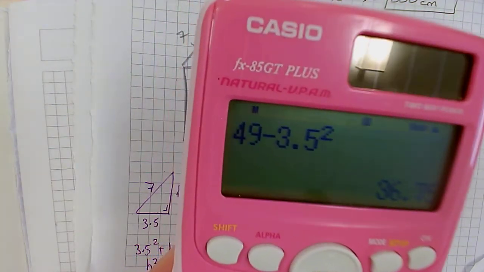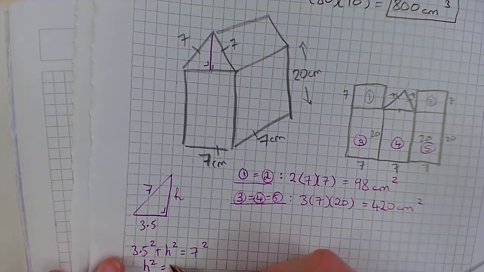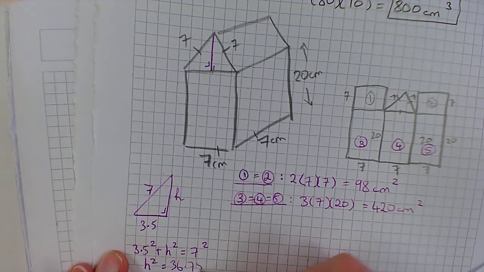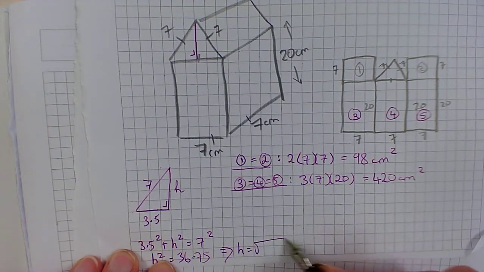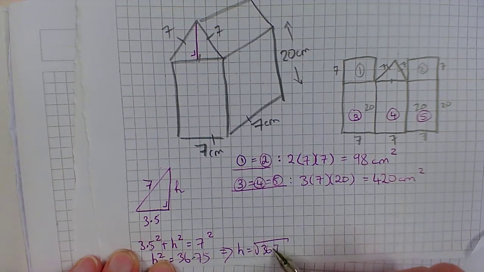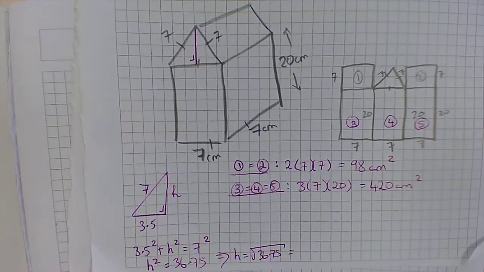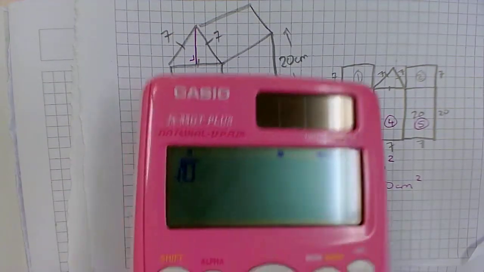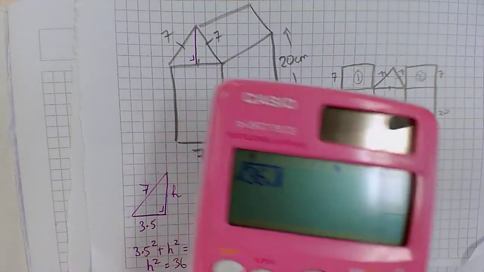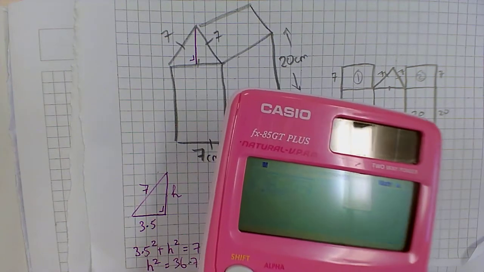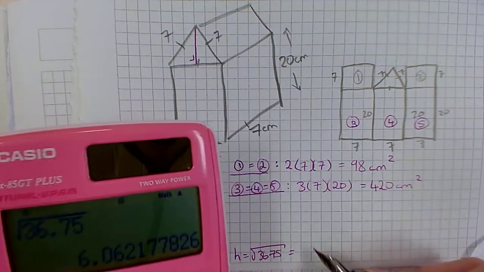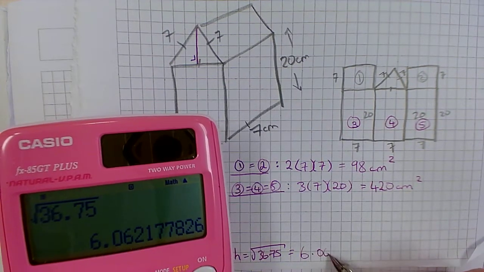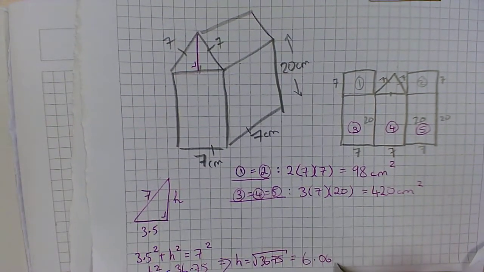And we get 36.75, which means that my perpendicular height here will be the square root of 36.75. This is Pythagoras Theorem, and you should be familiar with it. The square root of 36.75 is 6.06. We'll go to 2 decimal places while we're working out. Centimeters.